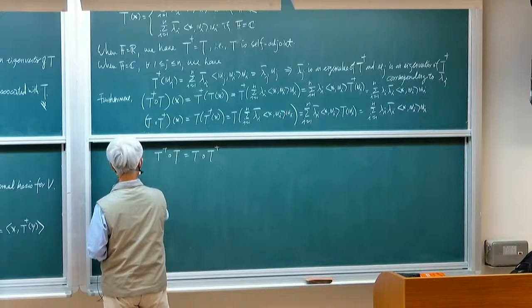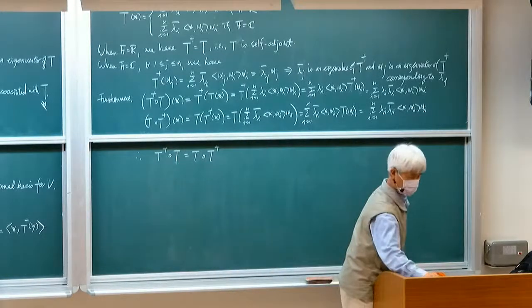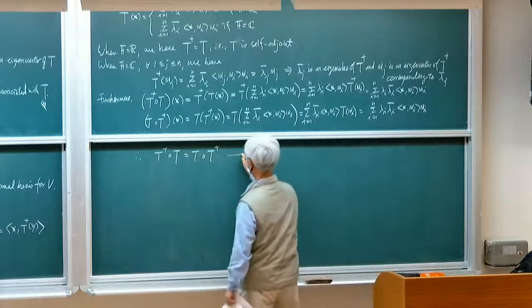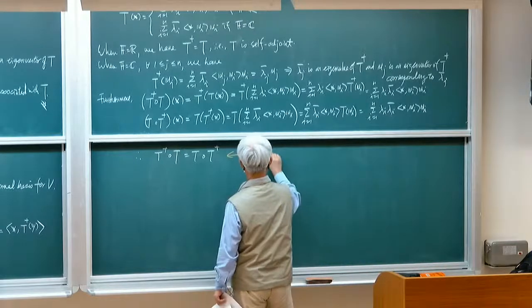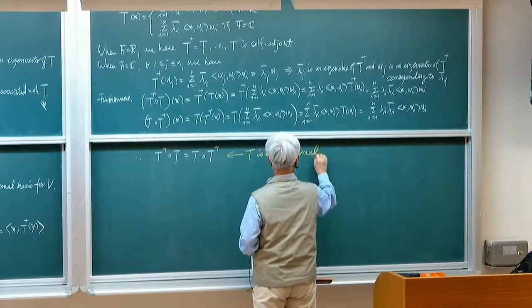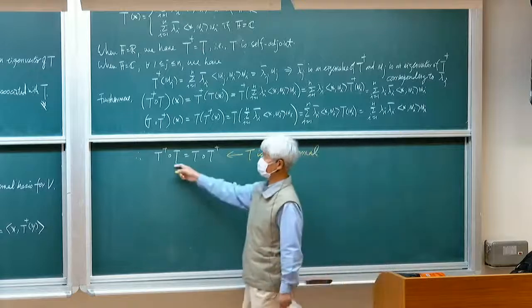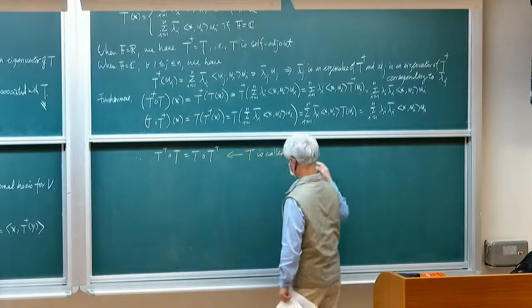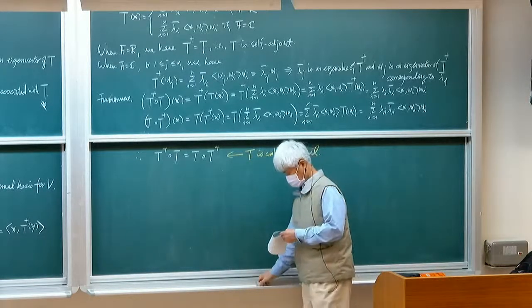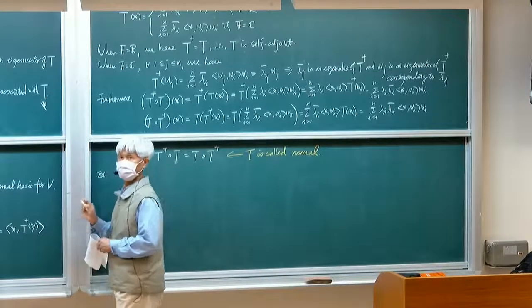In this case, T is called normal. Any linear operator that has this property is called normal. Okay, normal operators. All right, and an example.